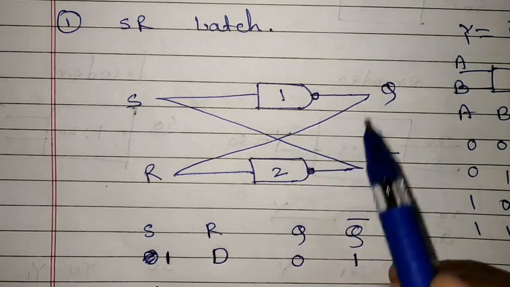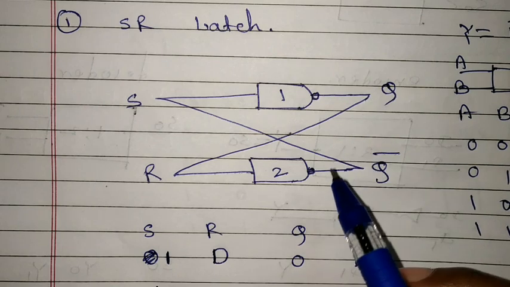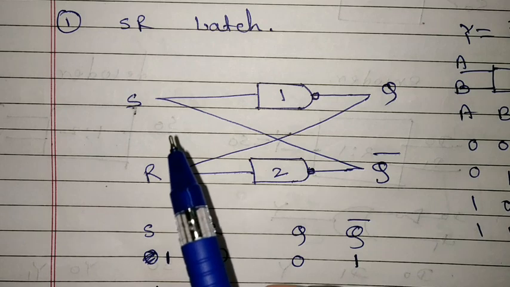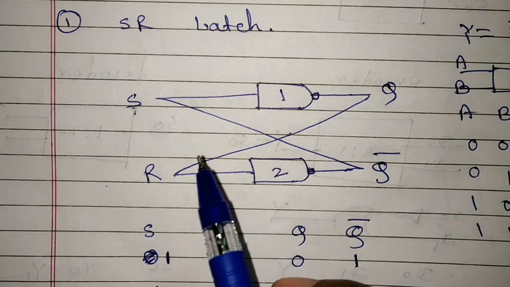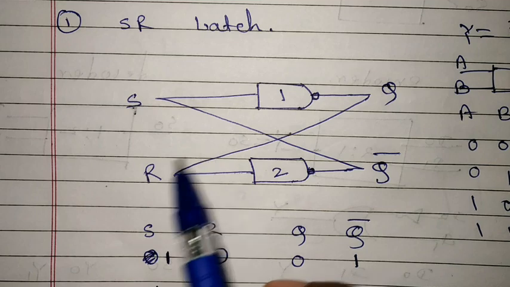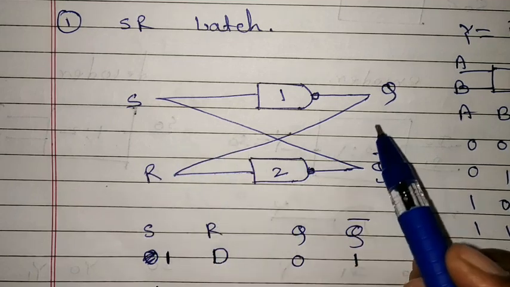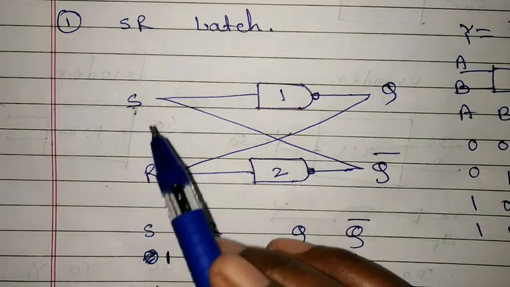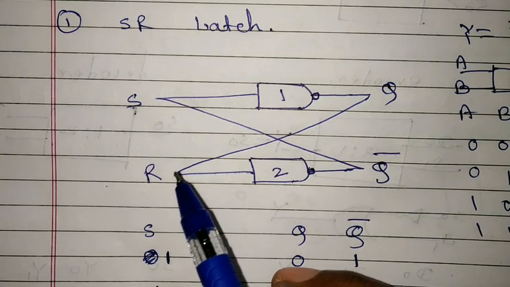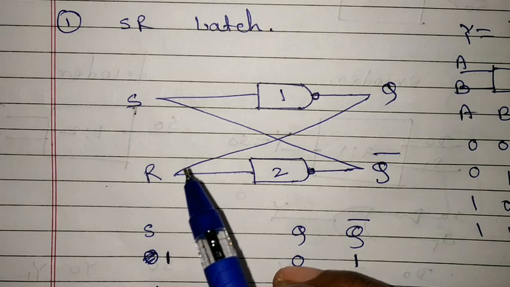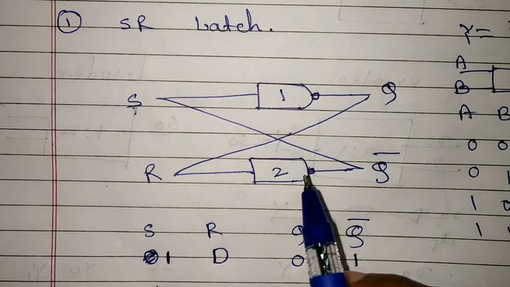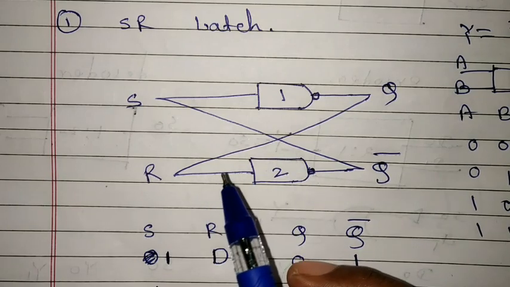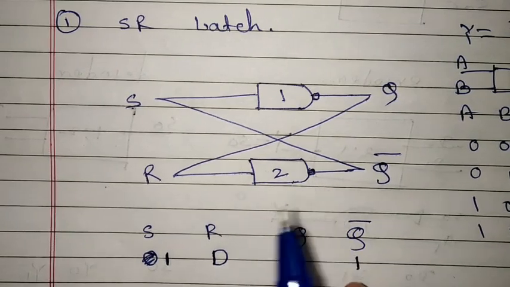So it is very difficult to predict the outputs Q and Q bar if both inputs are the same. So this condition will happen in the initial state, when the circuit is switched on, and then the output will fluctuate. I mean to say, if both inputs are either 1 or 0. So to avoid this condition, this latch is modified, or the latch is changed to the SR flip-flop.